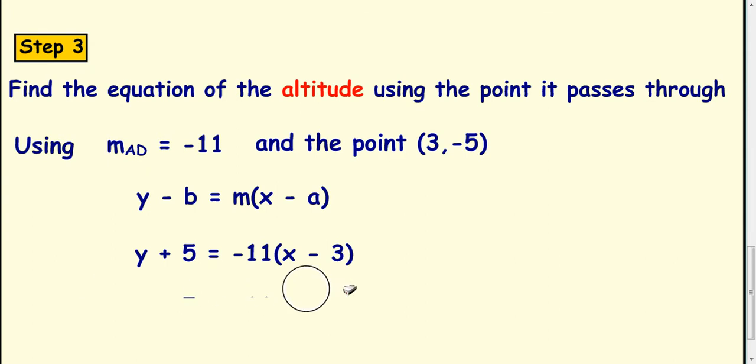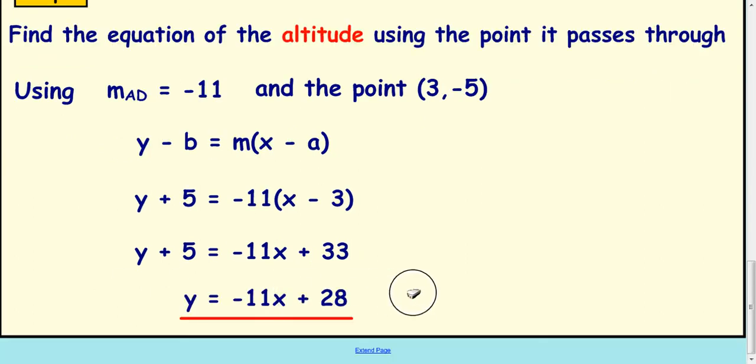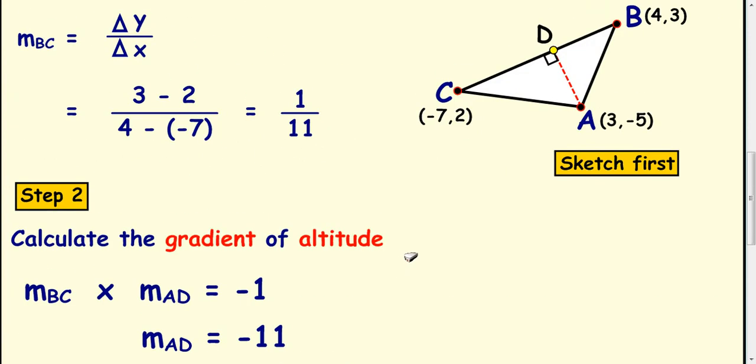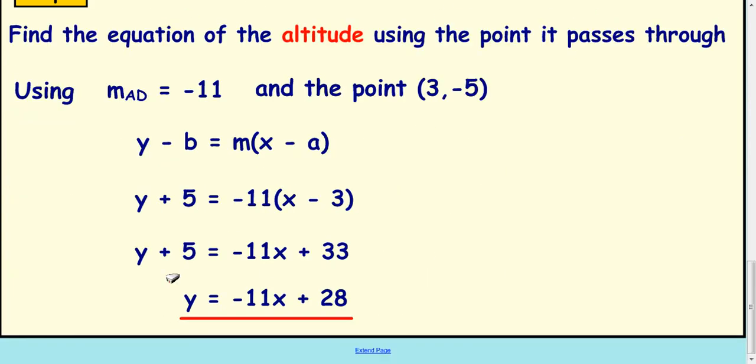Multiply out your bracket, -11x, and then it's a plus 33 because it's a negative multiplied by a negative, and then take away 5 to finish off. So the equation of this line here is y equals -11x plus 28.